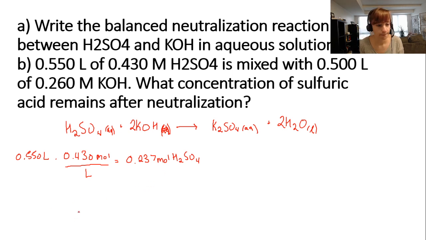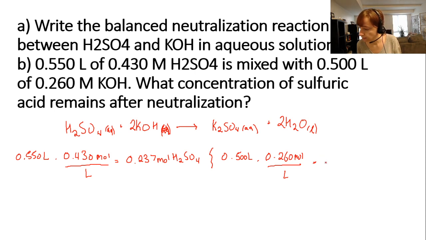Okay. So then doing the same here, we have 0.5 liters of KOH, we have 0.260 moles per liter solution of KOH. So that is going to give us 0.130 moles of KOH.